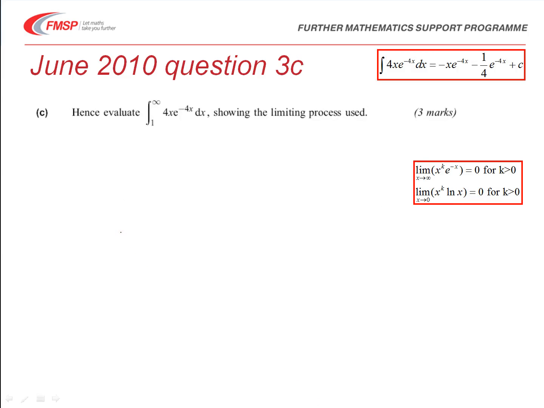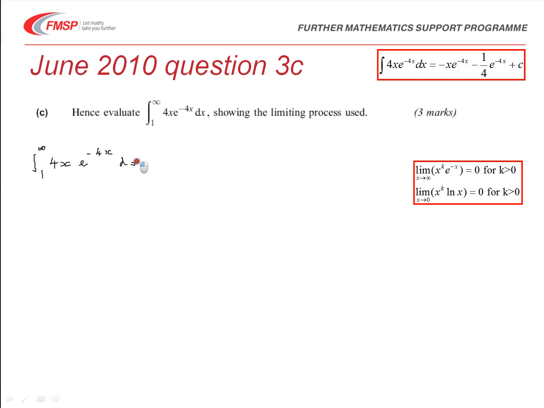And finally, into part C, we're asked to find the integral from 1 to infinity of 4x e to the minus 4x dx.